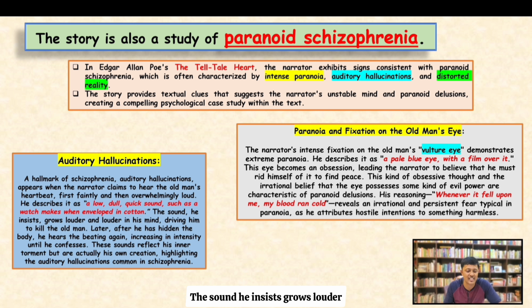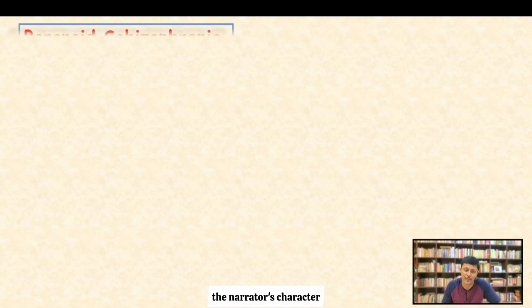The sound, he insists, grows louder and louder in his mind, driving him to kill the old man. How is that possible, that even a sound can make him aggressive enough to kill the old man, his master, whom he has served for a long time? So this is the auditory hallucination which creates the paranoid schizophrenia in the narrator's character.